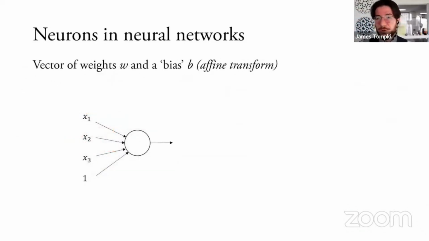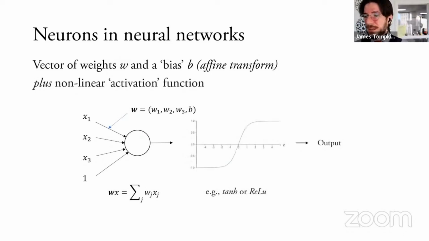Okay, so the neuron in neural field comes from the synthetic neuron that we use within neural networks. It's a vector of weights and biases, an affine transform that takes some input parameters x and sums them after weighting them. And then I have some kind of nonlinear activation function that sits on the end of the sum that allows me to start to build these neurons into layers, into networks, to be able to represent complicated functions.